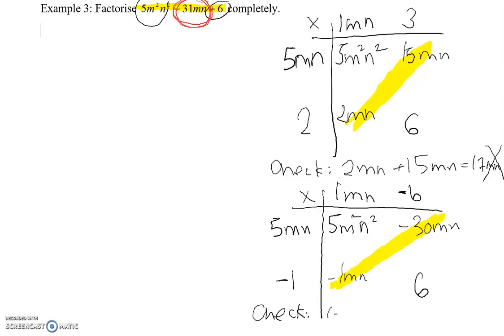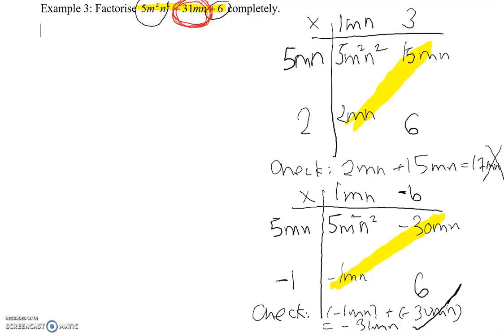So negative 1mn plus negative 30mn is the same as negative 1mn minus 30mn, which will give us negative 31mn, which is equal to the middle term of the original expression.